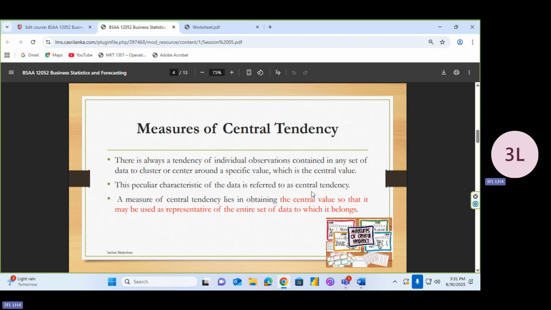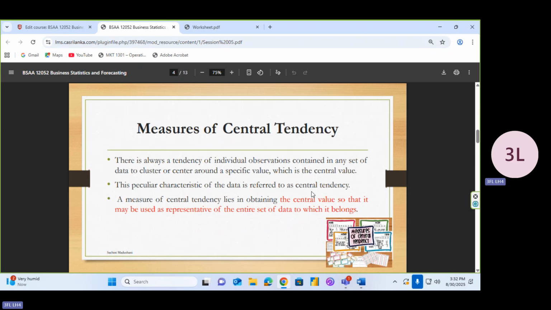Then here, we have 3 ways to find the central point: mean, median, mode. Okay. After we calculate mean, median or mode, we assume all other remaining observations are centered around that particular measurement.